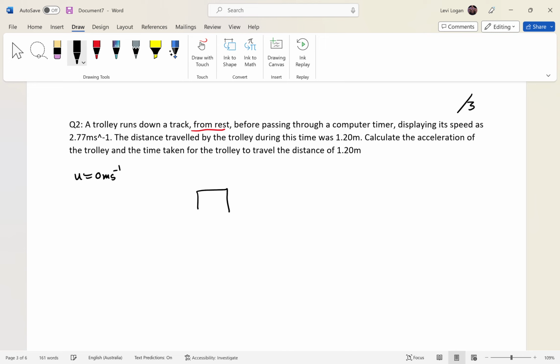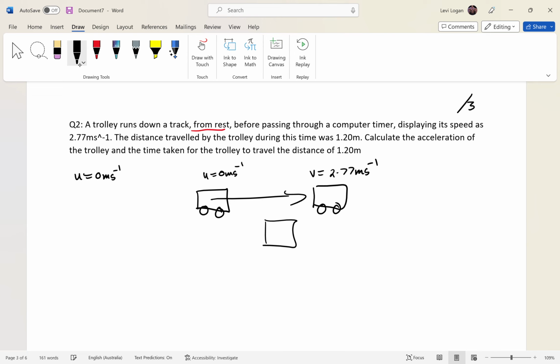So I'm just going to draw a trolley with initial velocity u, going along this way, and once it passes through some computer timer, it will display its velocity over here as 2.77 meters per second. Just looking at our scenario, we can see it's accelerated quite a bit. So its final velocity here is 2.77 meters per second, so v equals 2.77 meters per second.